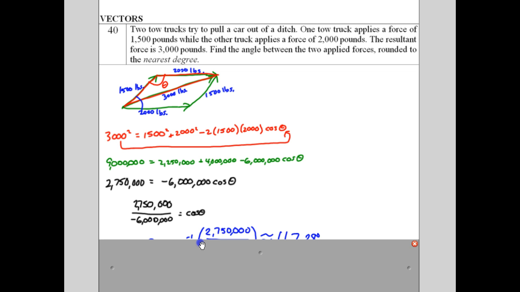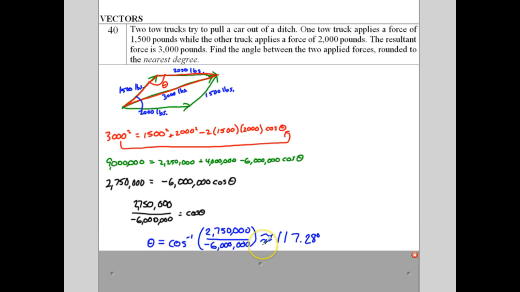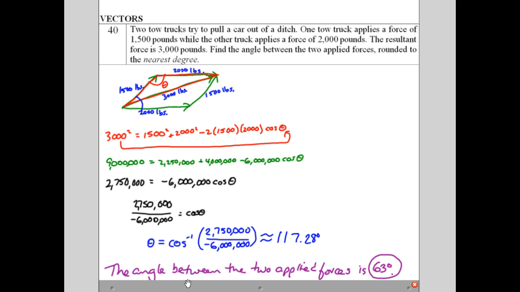And then do the inverse cosine, and I get 117.28 degrees. That's the red angle, but that's not the angle between the two forces. So I then need to do the supplementary angle, which when I subtract from 180 gives me the angle of 63 degrees.